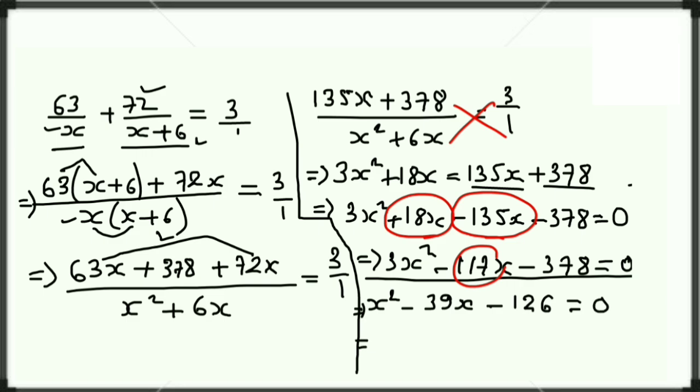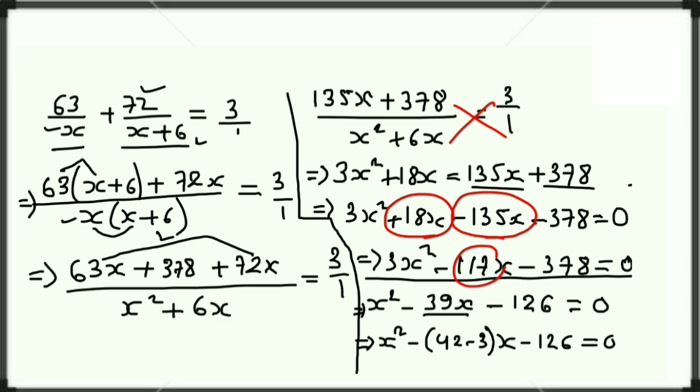Now x square minus, and this 39x can be split like this: 42x minus 3x, minus 126 equal to 0.